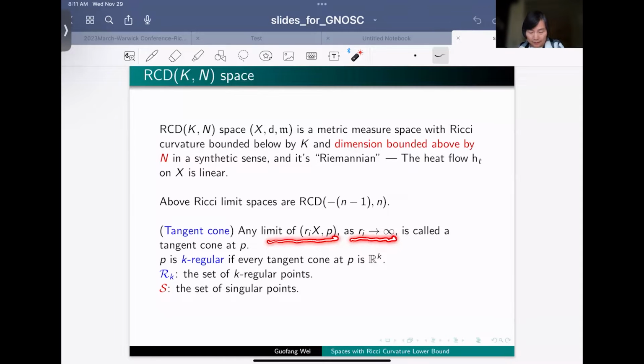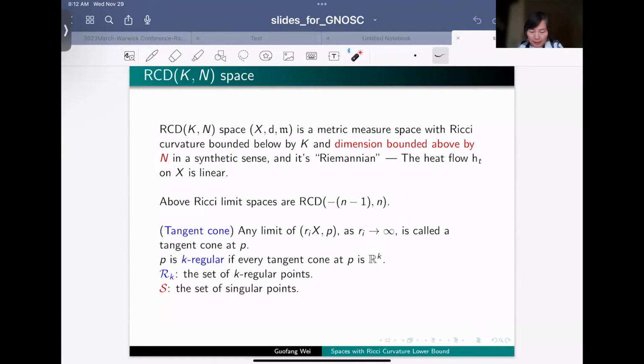All those limits together are referred to as the tangent cone at the point. If the point is nice, namely the tangent cone is like Euclidean space, like a manifold, then we call the point regular. We refer to the k here, so those points are called k-regular. Otherwise, it's a singular point. In the manifold case, of course, all points are regular. So regular means nice and infinitesimally Euclidean.